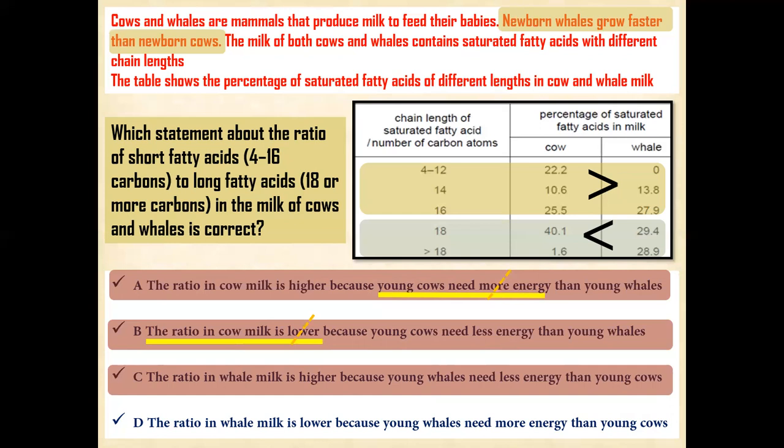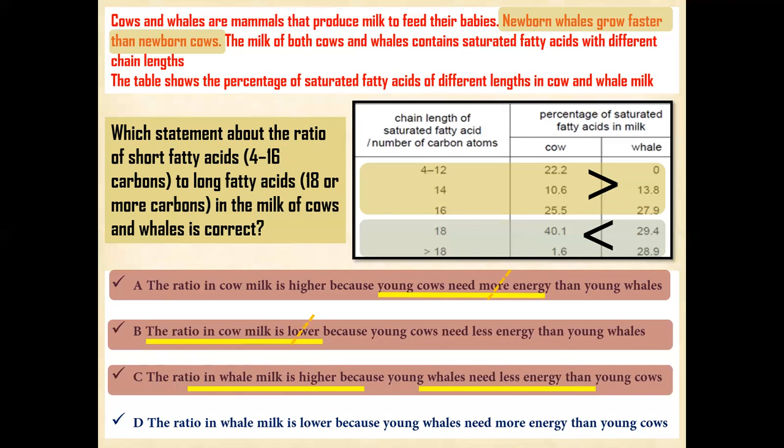The ratio in the whale milk is higher because the young whale needs less energy than the young cow. In this statement, two values are given against the question statement. For example, the whale milk is higher. What about the short chain fatty acid? According to the table data, it is lower.